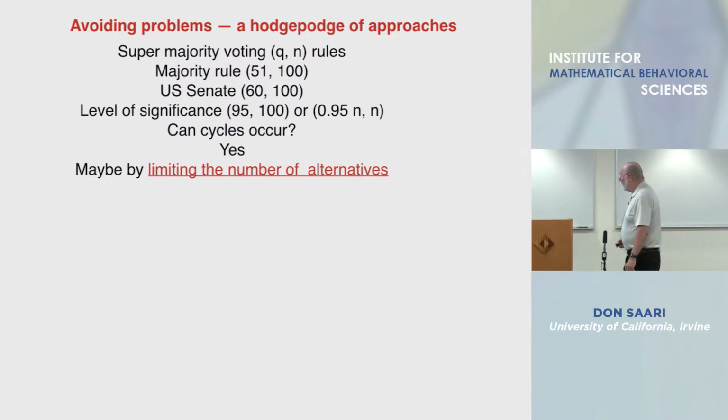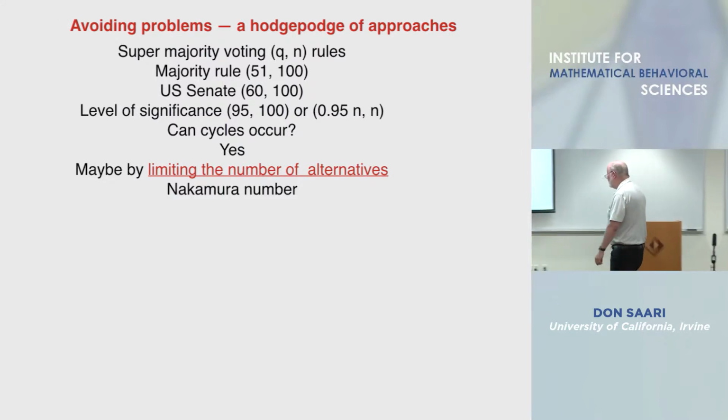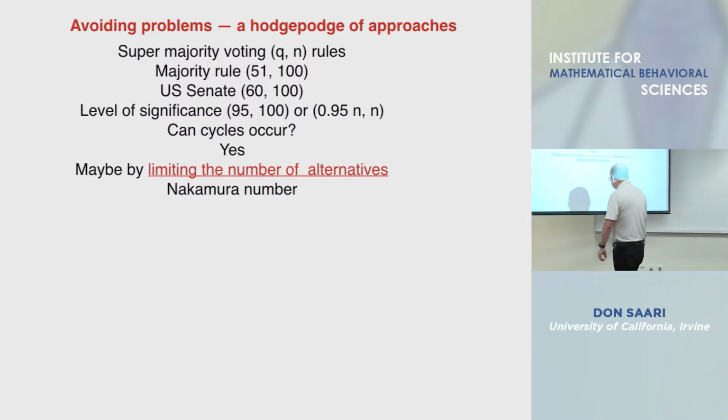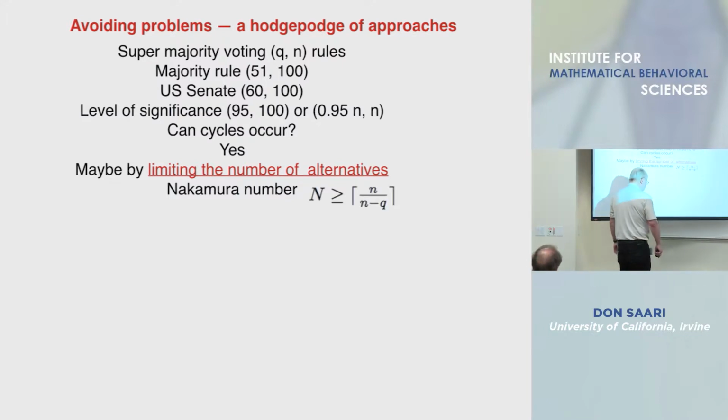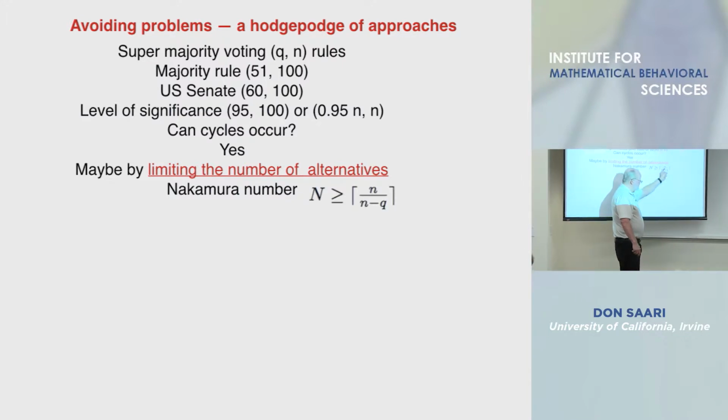This was done by Nakamura in the 1970s. The Nakamura number is the following. I have n voters, and you need q votes. So you take n divided by n minus q. Usually it's a fraction, so you round it up. If it's an integer, it's fine.